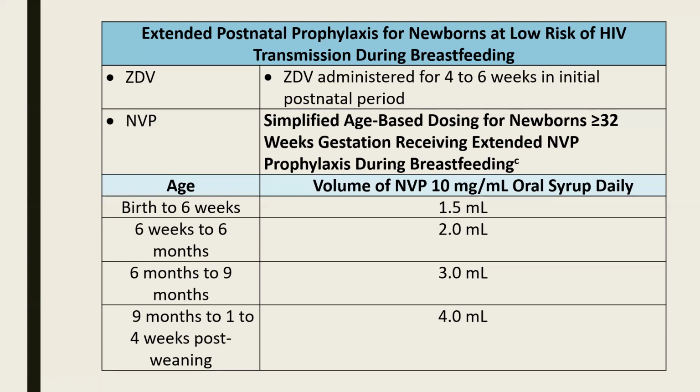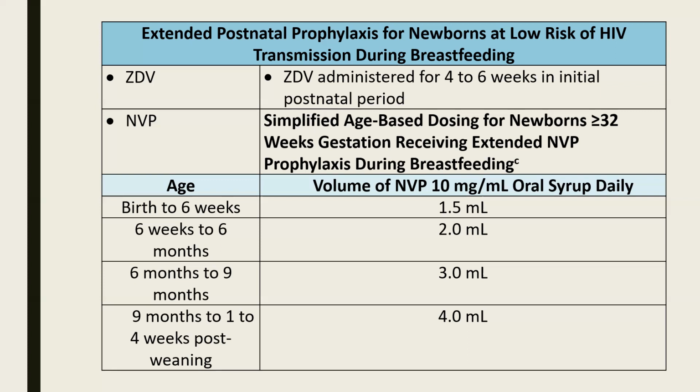There is no firm consensus in any of the guidelines currently on what is the best postnatal prophylaxis. Some would recommend no ARVs beyond the zidovudine. Some recommend nevirapine, some recommend 3TC, some recommend 3-drug therapy.